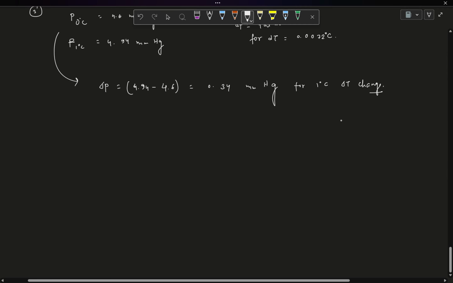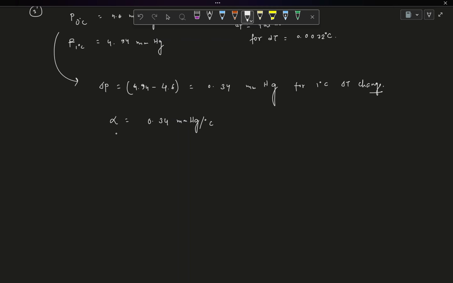You can think of this as a coefficient of how much the pressure changes with temperature. That coefficient you can name alpha, and alpha is 0.34 mmHg per degree centigrade.